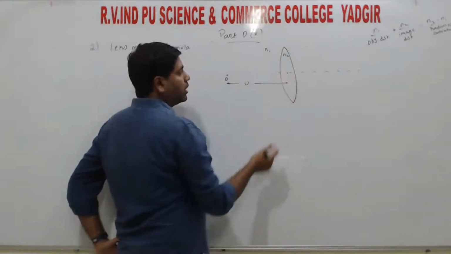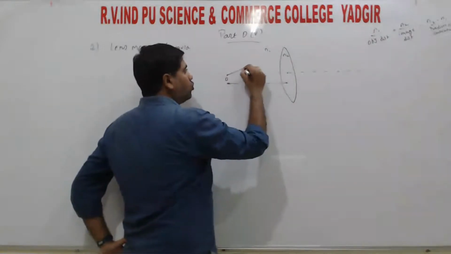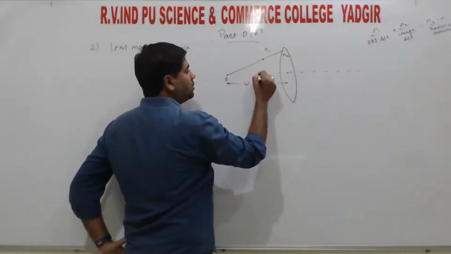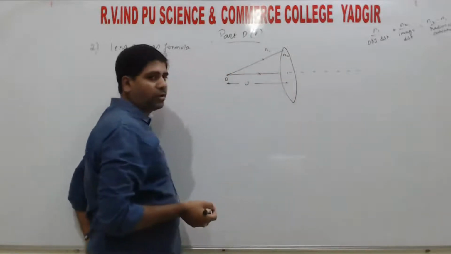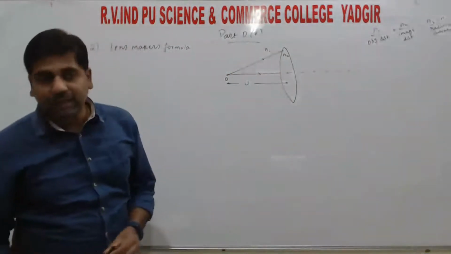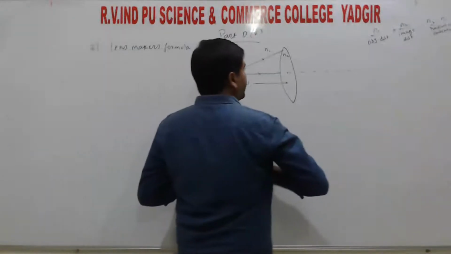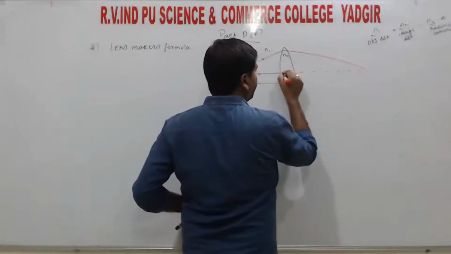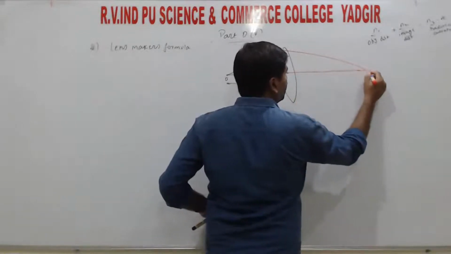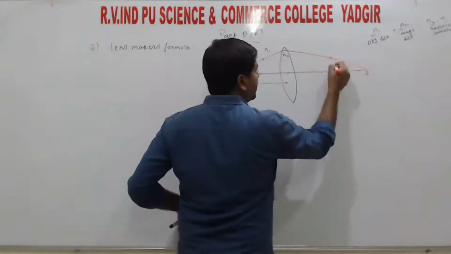So object A is taken. So here also consider two rays which are incident on the lens. One is along the principal axis and another one is oblique, right? So after it is incident, it gets refracted and meets at another point. So that is the image I.